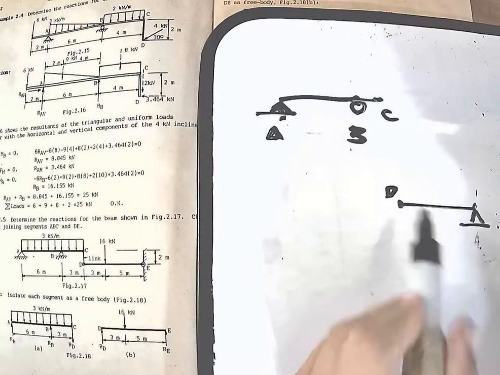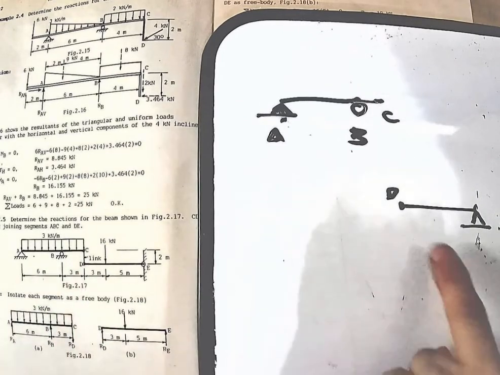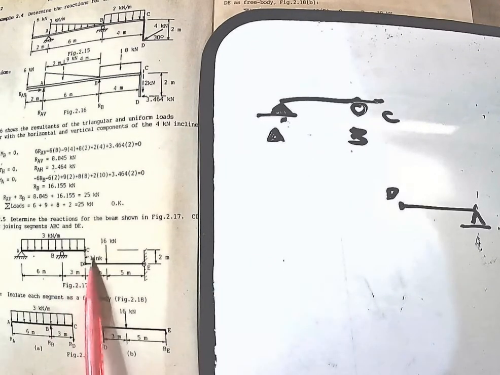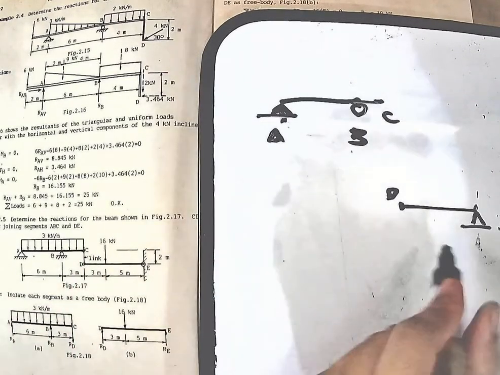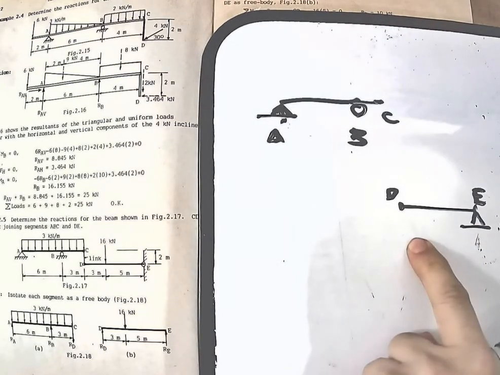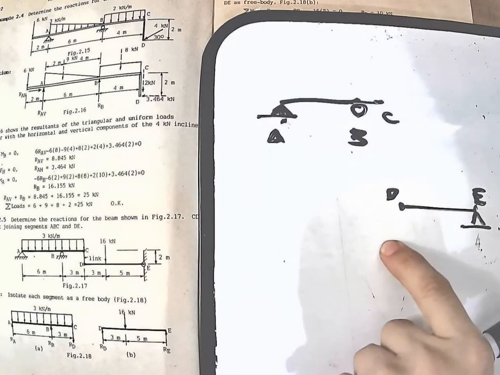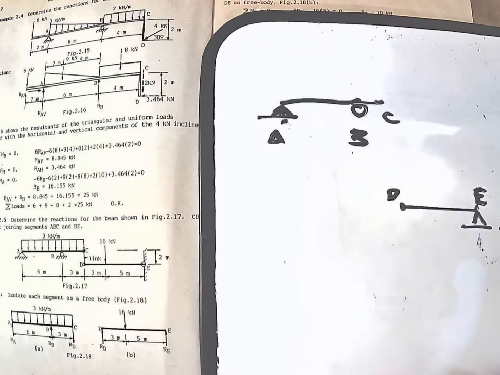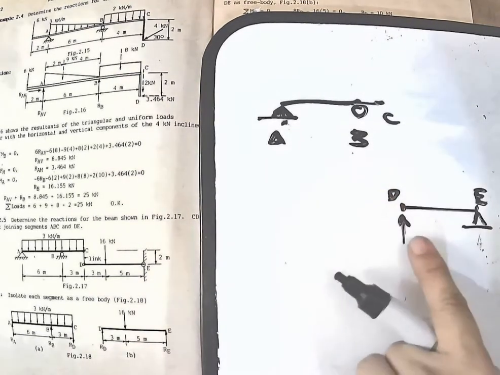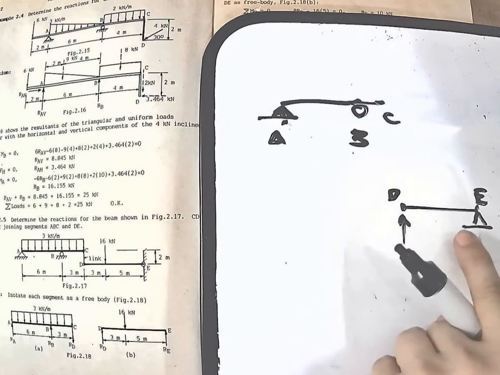If you will cut the link CD, what would happen to figure DE? Unstable na yan, di ba? Unstable na yan. So, you have to break this down into a separate free body. Pero, maglalagay ka dito ng, assume mo yan na support para maging stable itong separate free body na yan.